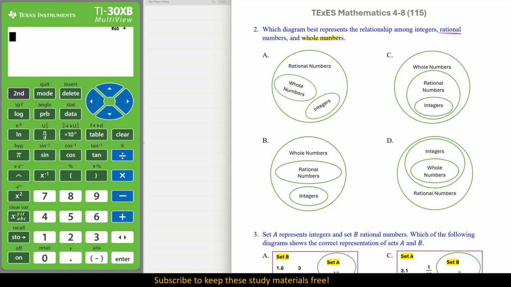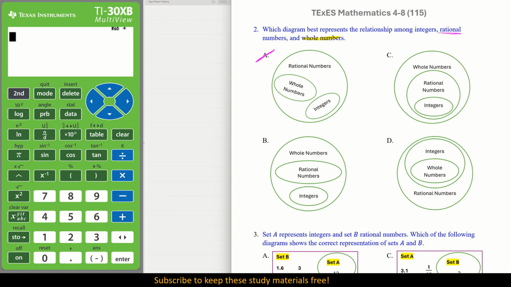So if we look at A and B, A says whole numbers are not a subset of integers, and integers are not a subset of whole numbers. Well, either way, that's incorrect. We need whole numbers to be a subset of integers. So A does not meet that definition.